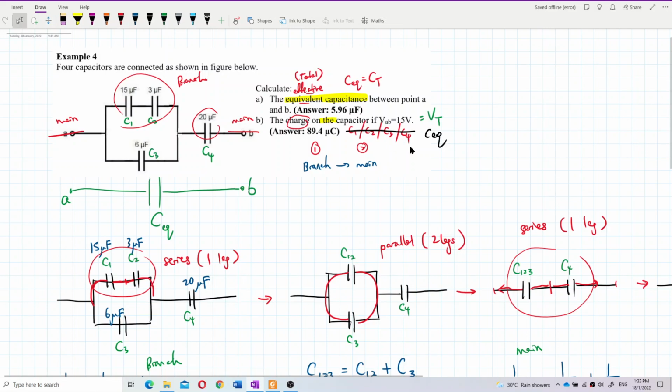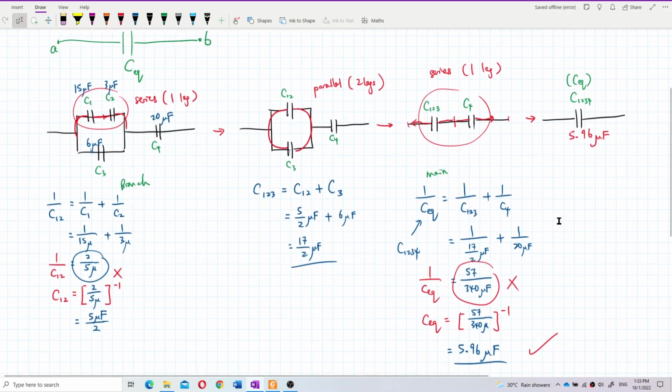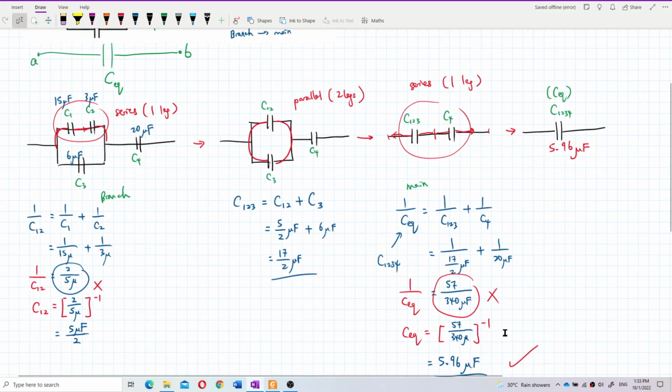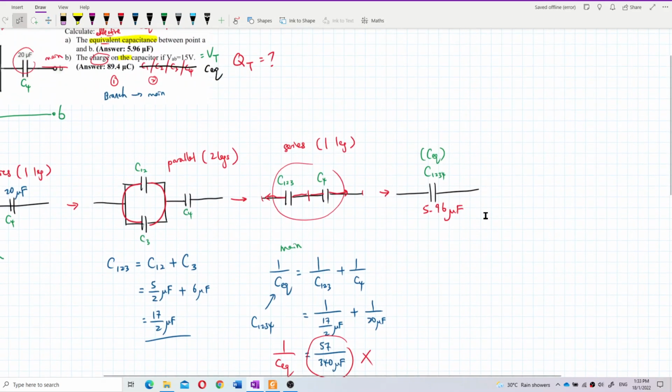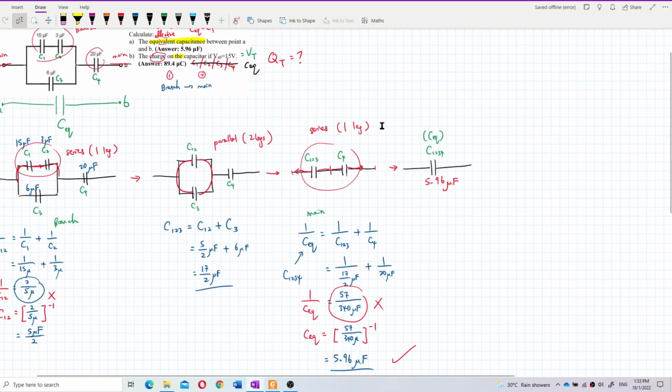He asked to find the total charge. I got the total capacitance already. This is the C total.